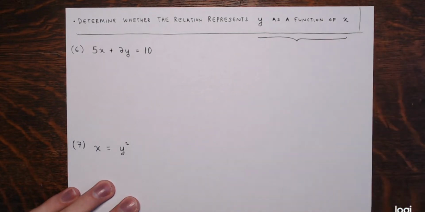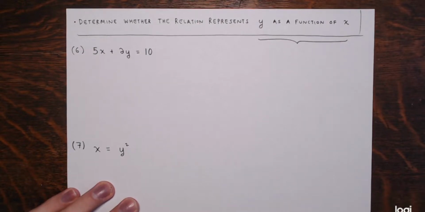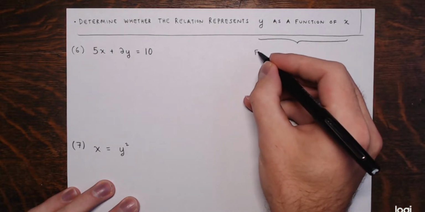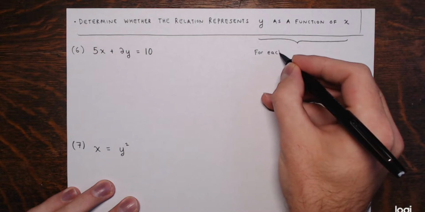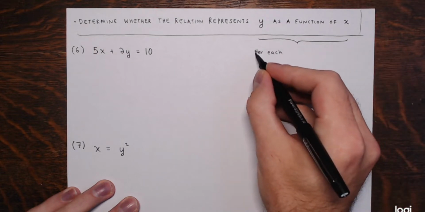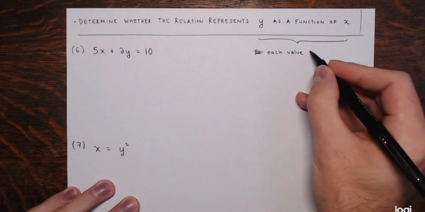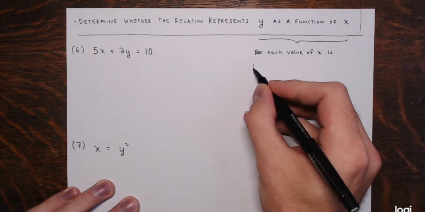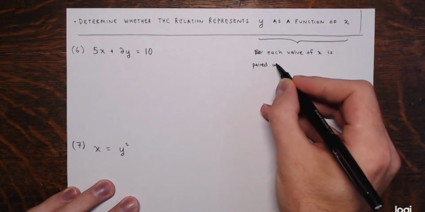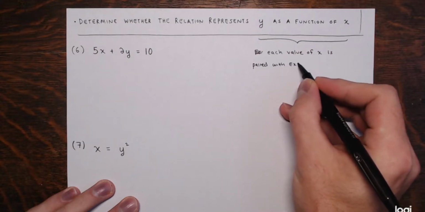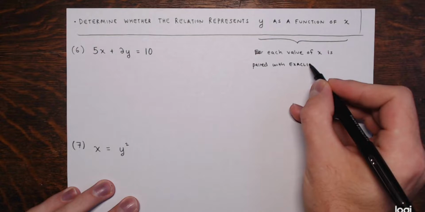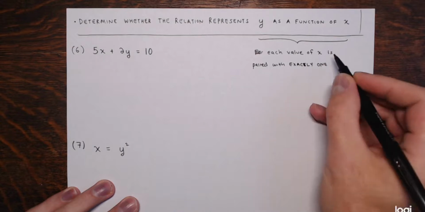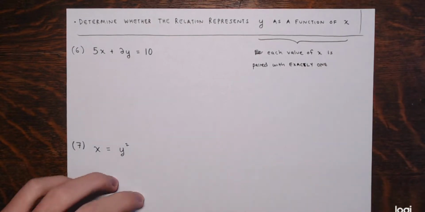When I say y as a function of x, or is y a function of x, that means each value of x is paired with or corresponds to exactly one value, or no values, because some of these certain values of x might not pair with a value of y at all.